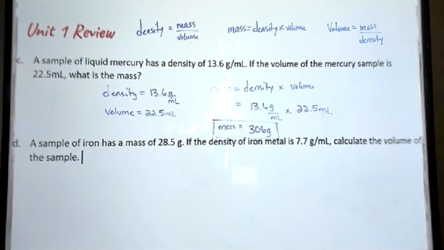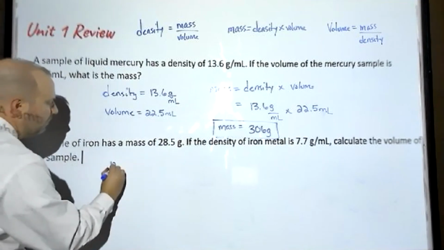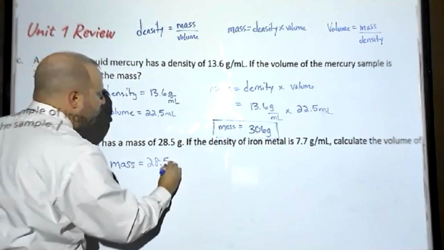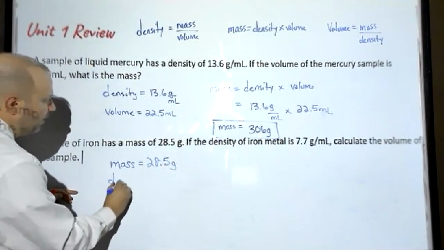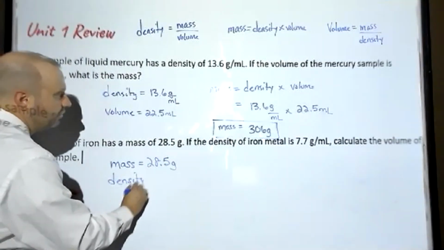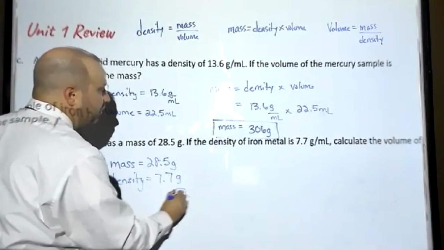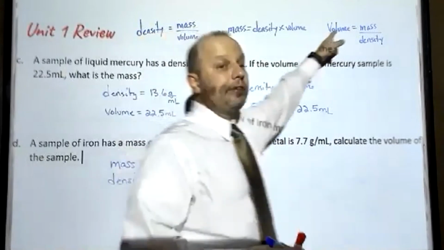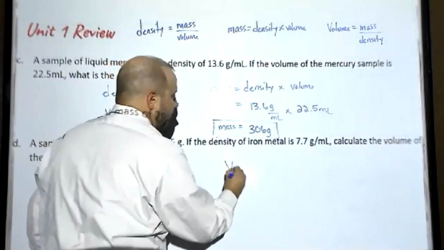The last one, we have a sample of iron that has a mass of 28.5 grams. They give you the density of iron, which is 7.7 grams per milliliter, and ask you to calculate the volume. So now we're going to use this last equation, volume equals mass divided by density.